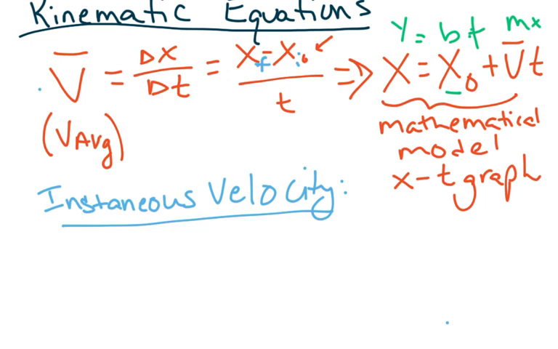So now in AP Physics C, we need to do derivatives to find instantaneous velocity. So this would definitely be on a curved graph because if this was a constant velocity position time graph, then we would just take the slope of the line because it has the same velocity, the average velocity, the whole time.